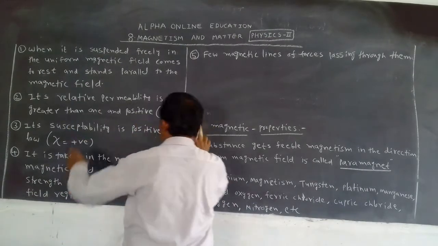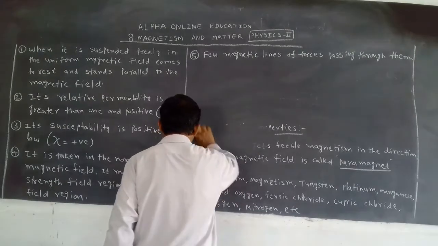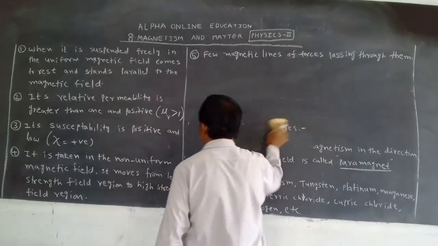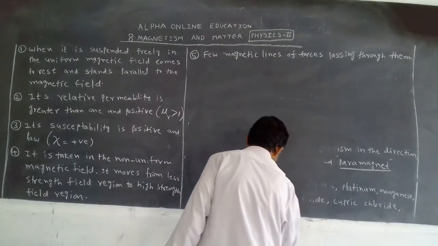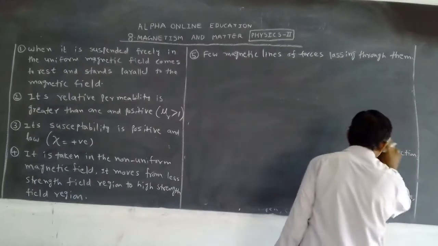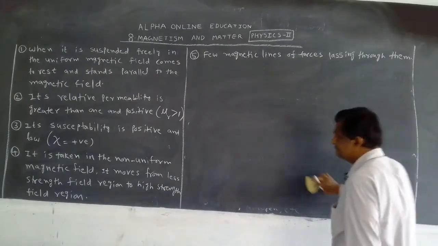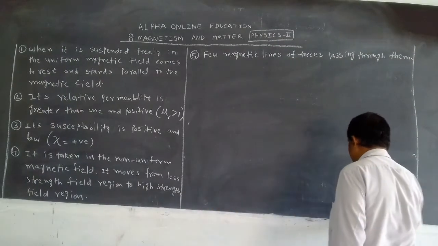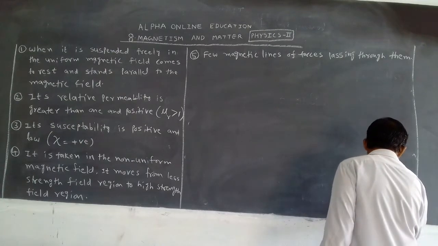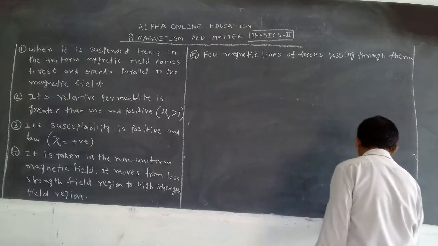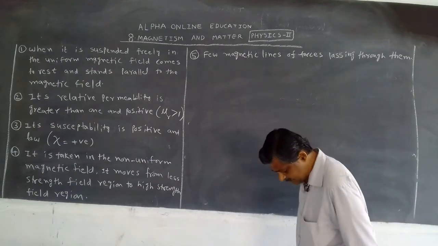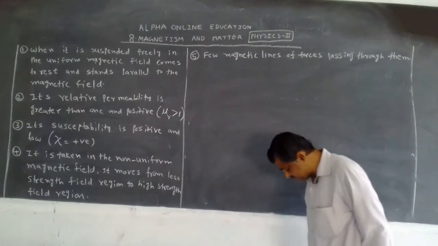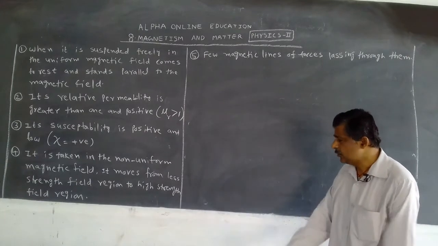Once again, when it is suspended freely in the uniform magnetic field, it comes to rest and stands parallel to the magnetic field is the first property. What is the second property? Its relative permeability is greater than 1 and positive. And third property, its susceptibility is positive and low.